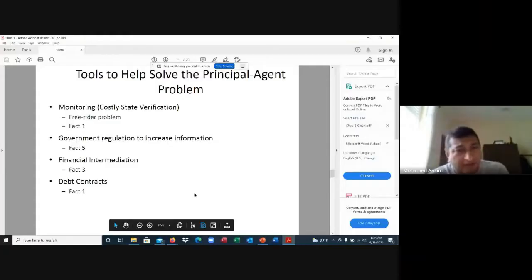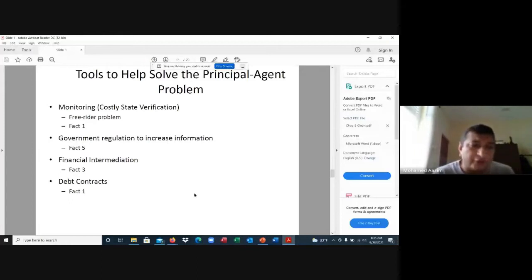So these verifications help you in identifying underlying considerations in terms of these facts that we are trying to address through financial structures, and how these tools that we are now going through would help to solve the PA problem.